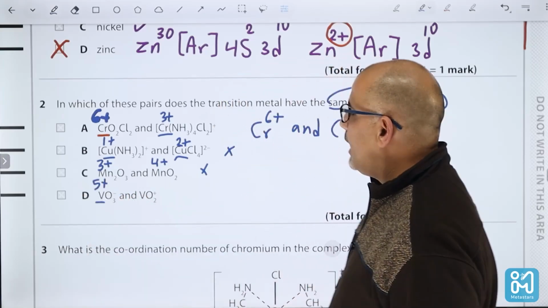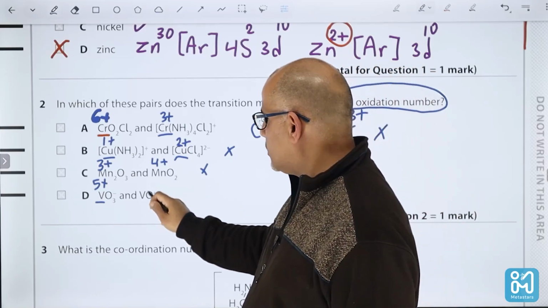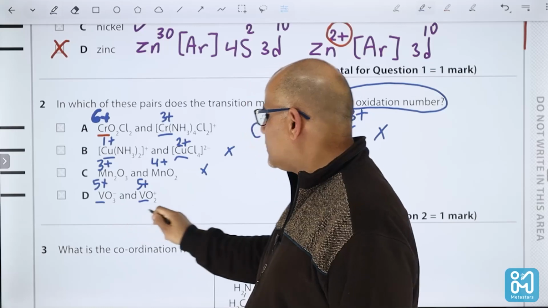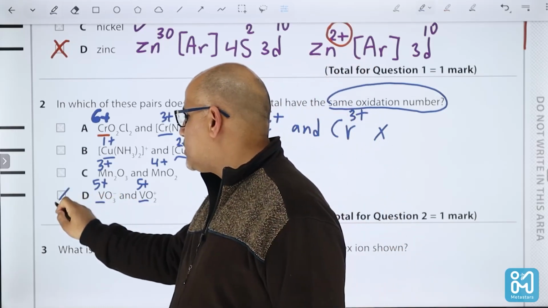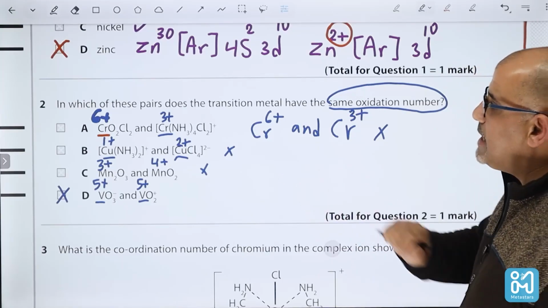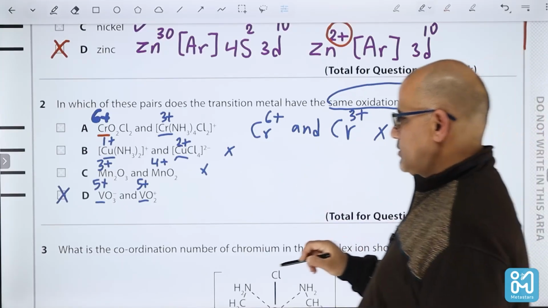And here we are talking about positive 5 also. So in both ions, the oxidation state of vanadium is positive 5. So D is the correct answer.